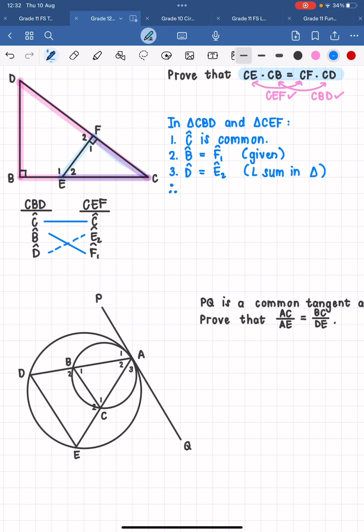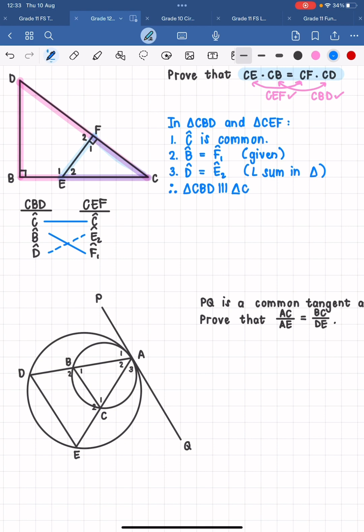Therefore, now we need to get our order correct as well, right? They didn't give us the similarity statement, so we need to match the order that we have here on both sides. So we're going to say triangle CBD is similar to triangle. Now guys, angle C in the first triangle was equal to angle C in the second one, right? That angle was common, so C must go first again.